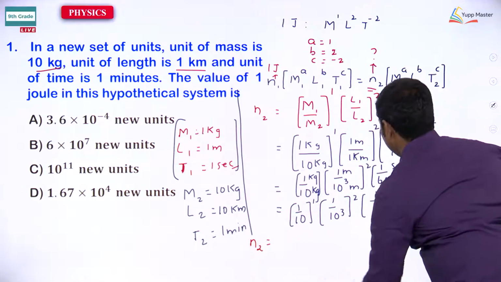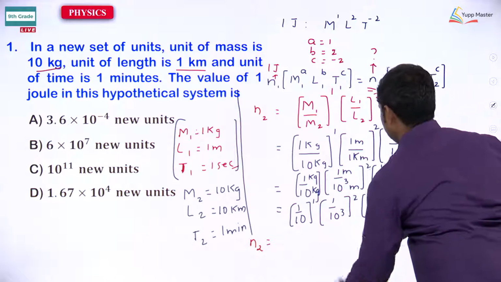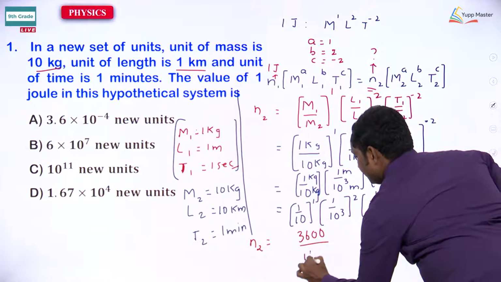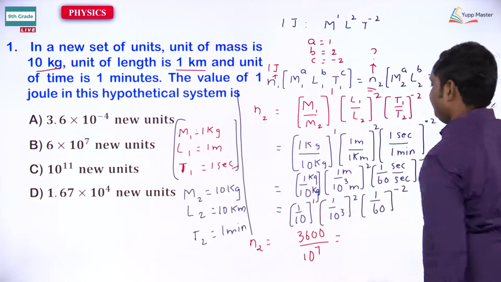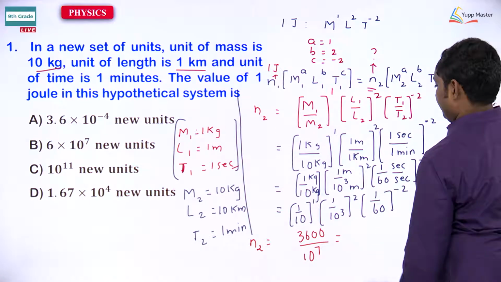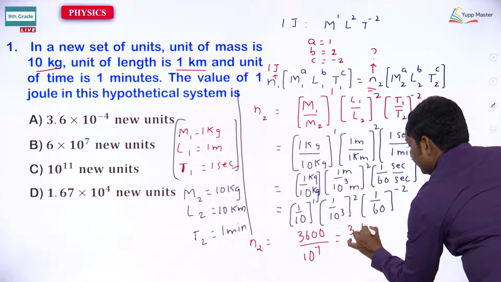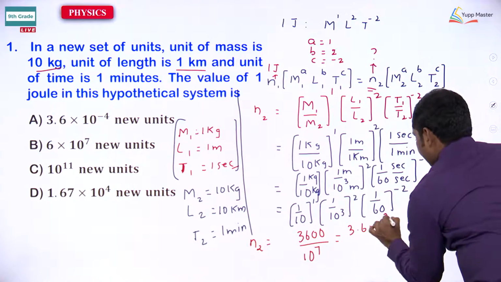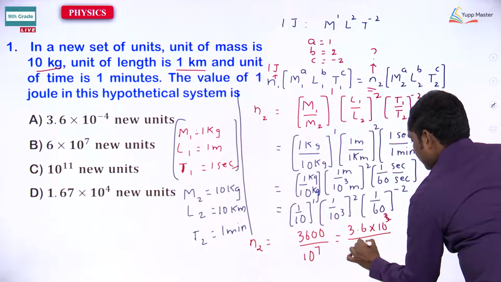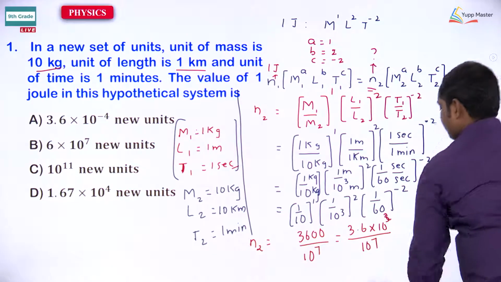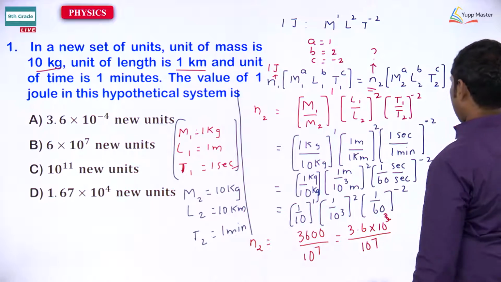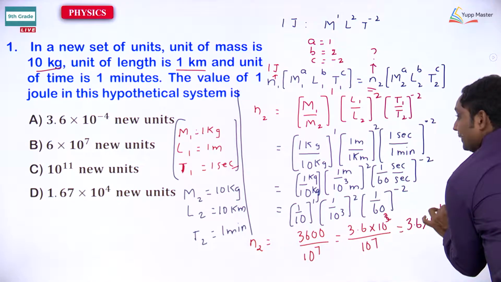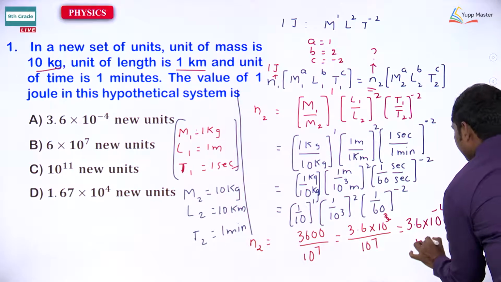So finally we are going to get 3600 by 10 to the power of 7. So you can take that 3.6 into 10 to the power of 3 by 10 to the power of 7, and you will get 3.6 into 10 to the power of minus 4 in new units.